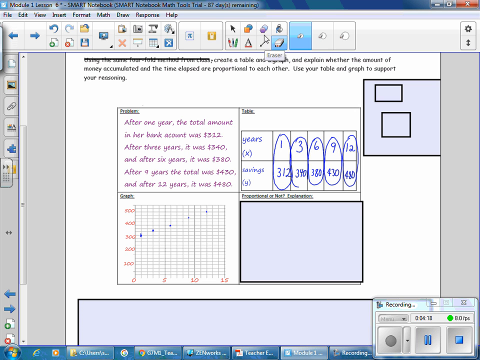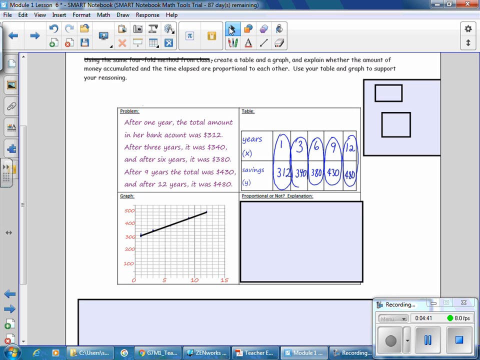So we've created our table and our graph. And what we want to do next is connect our points on our graph. Use your table and graph to support your reasoning. Now we want to know, is that a proportional relationship or not? Now remember, there are two qualities of a proportional graph.